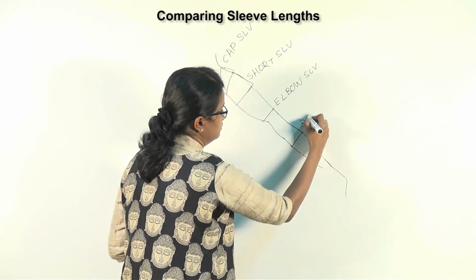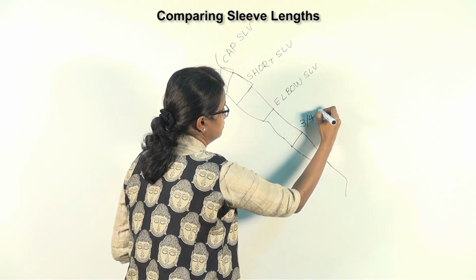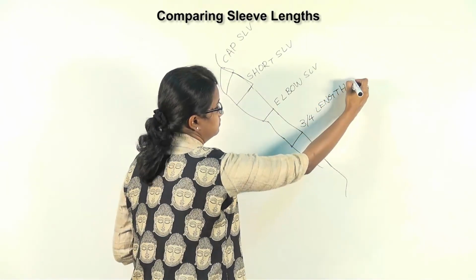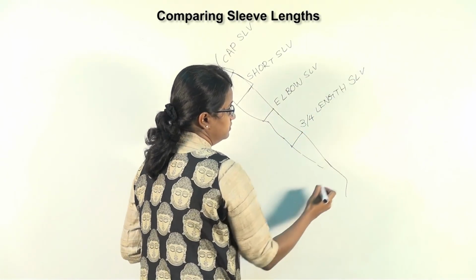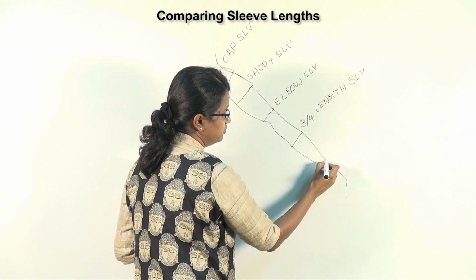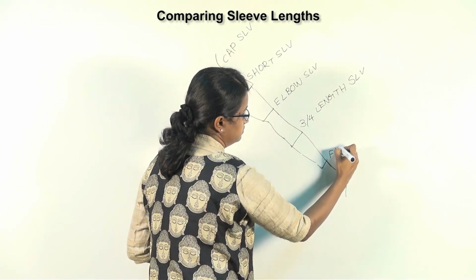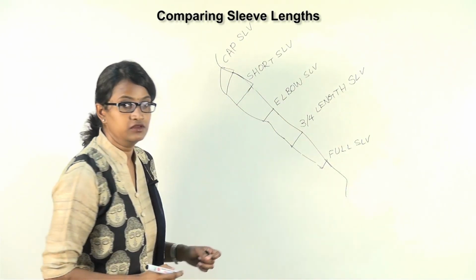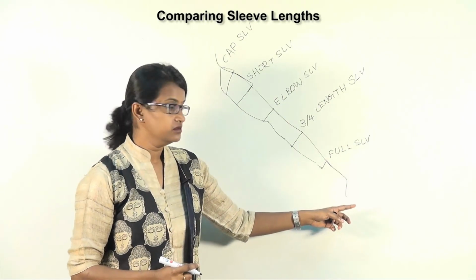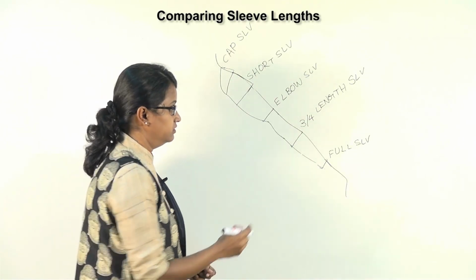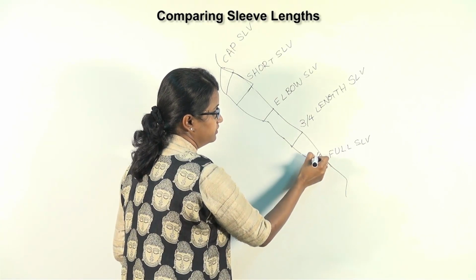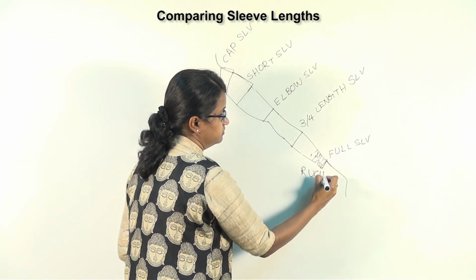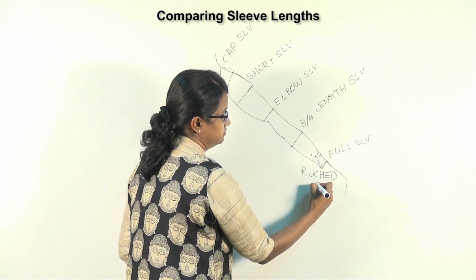This is 3/4 length. And this is full sleeve. Now sometimes the sleeve is elongated more than this and worn in the form of gathers, forming ruched sleeves.